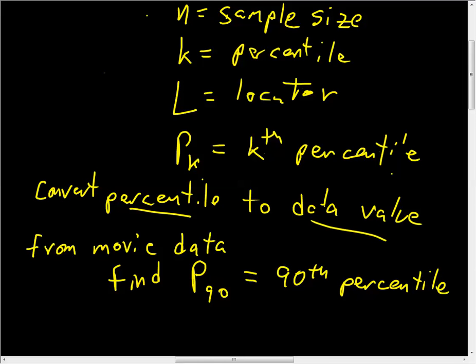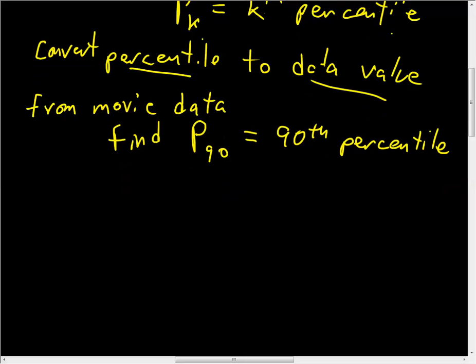There is a formula. It doesn't give us the 90th percentile directly, but it does tell us where to look. L is going to be our locator function, and it's a pretty simple formula. Basically, you take the percentile you're looking for, divide it by 100, multiply it by your sample size.